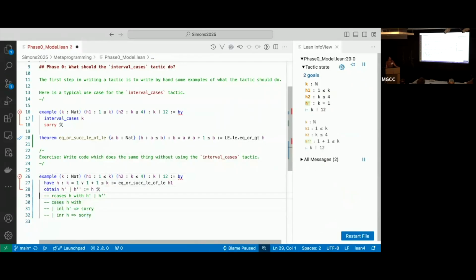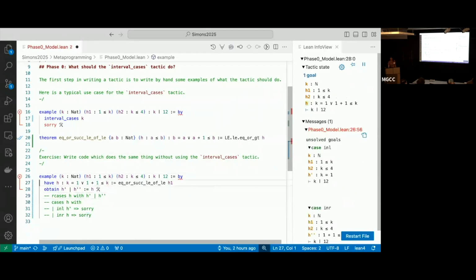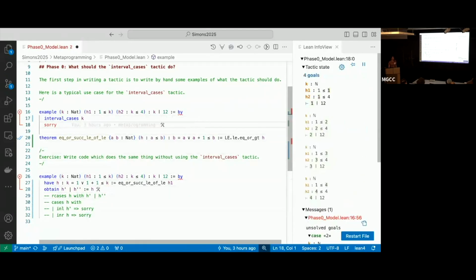Okay. So now in case 1, I'm nearly back to what interval cases did. It's just that interval cases went a step further, and rather than just saying that k was equal to 1, it also changed all the k's everywhere to 1s. So let me do what interval cases would have done.